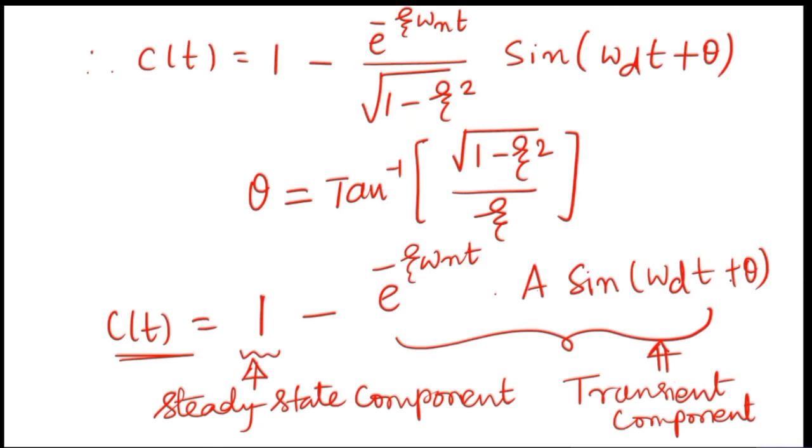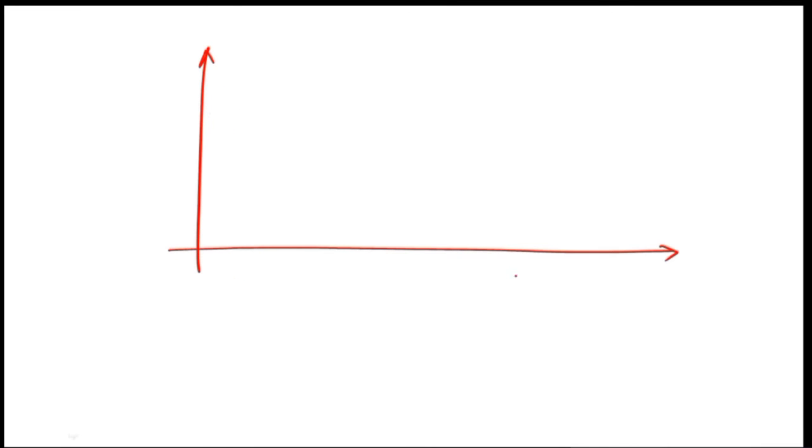So if you draw the characteristic of this C of t with respect to time, by taking time t on the x-axis and C of t on the y-axis, depending upon the value of zeta, this is going to change.